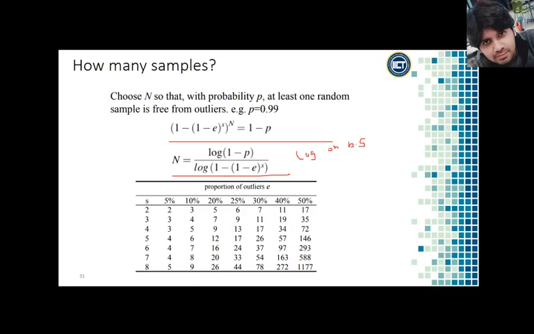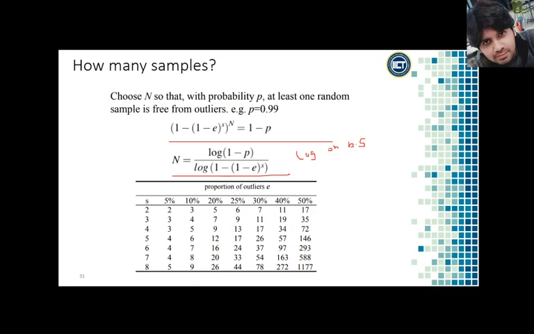So this table is from Hartley and Zisserman, published in 2000, which states the number n of samples required to ensure with a probability of 0.99 that at least one sample has no outliers, for a given sample size S and a proportion of outliers E. This table shows the proportion of outliers epsilon versus the sample size S, the little s.